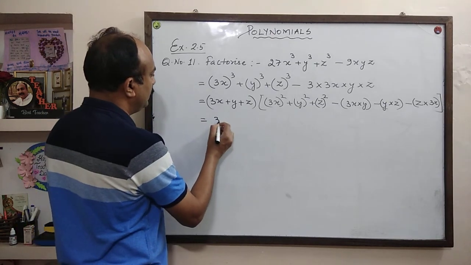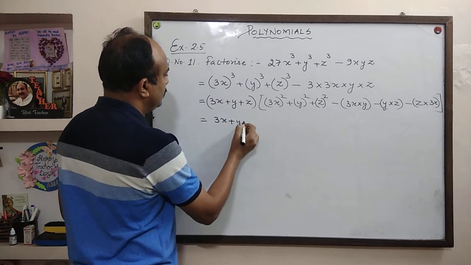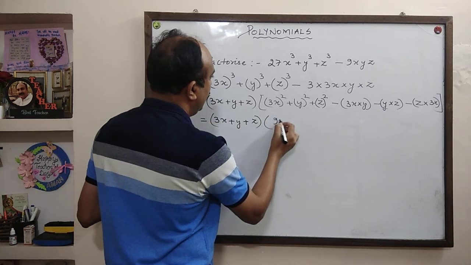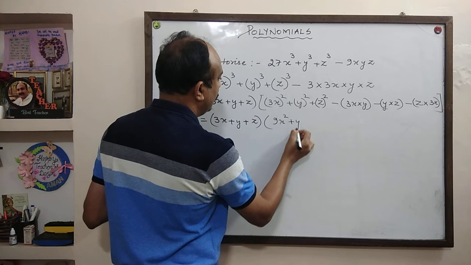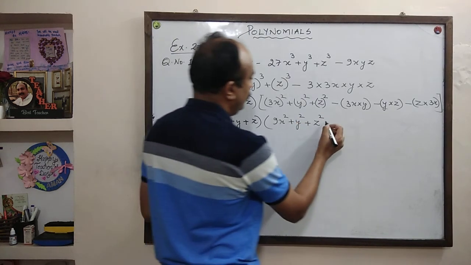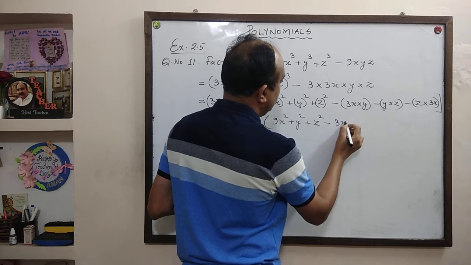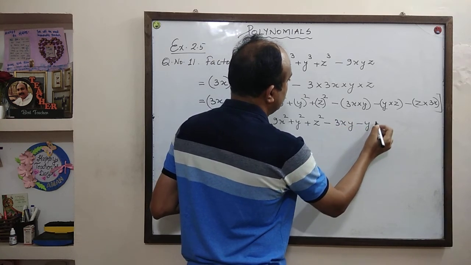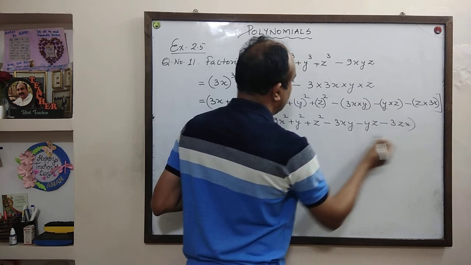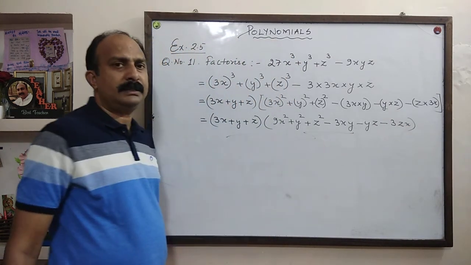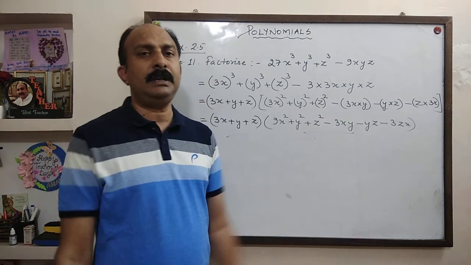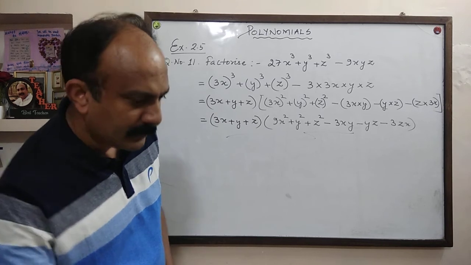So it is equal to 3x plus y plus z into 9x square plus y square plus z square minus 3xy minus yz minus 3zx. So this is the answer. First factor, second factor. So the question is factorized.